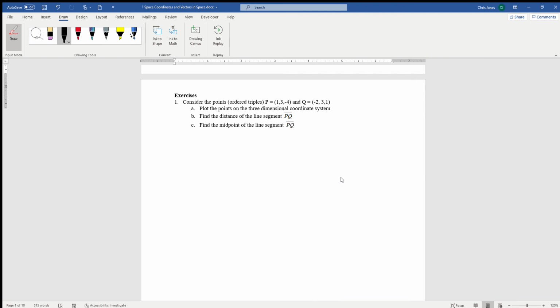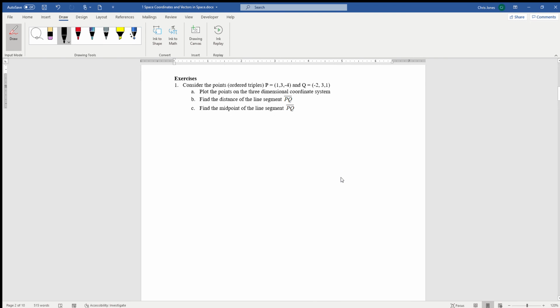So let's consider the ordered triples P equals (1, 3, -4) and Q equals (-2, 3, 1). We want to plot the points, find the distance, and then find the midpoint. So, plotting the points, here's our three-dimensional plane. This is x plus, this is y plus, and this is z plus on the axes.